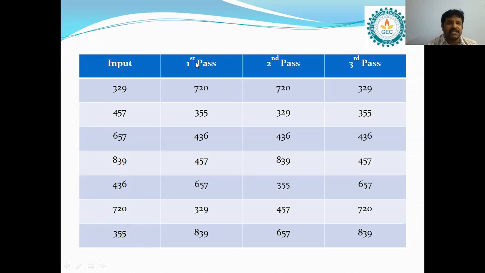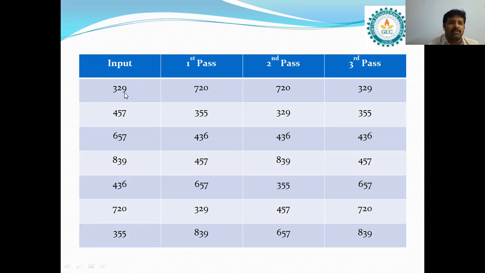In the first iteration, consider the digits in the units place, that is the ones place. Consider all the elements; we have to consider the value only at the ones place.